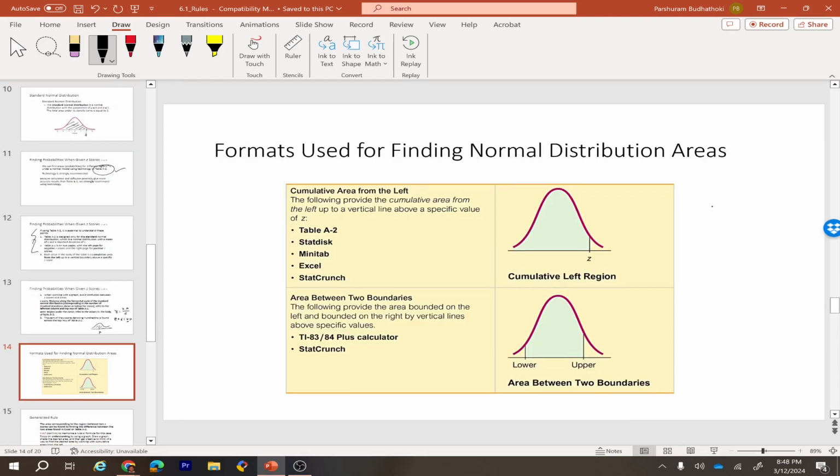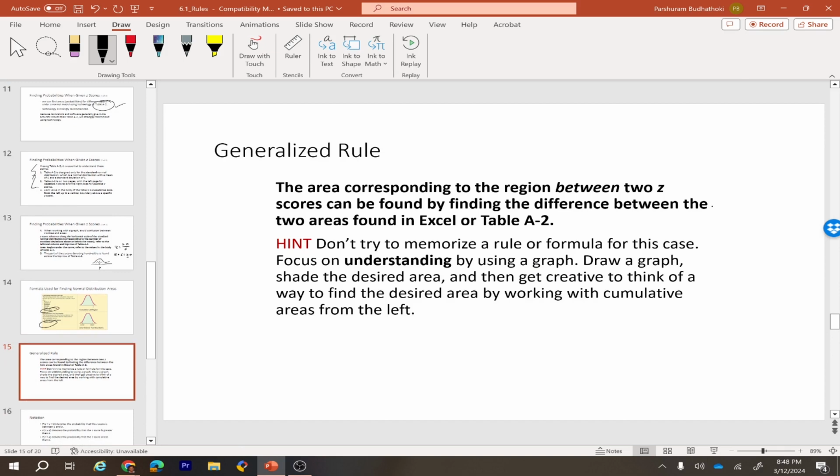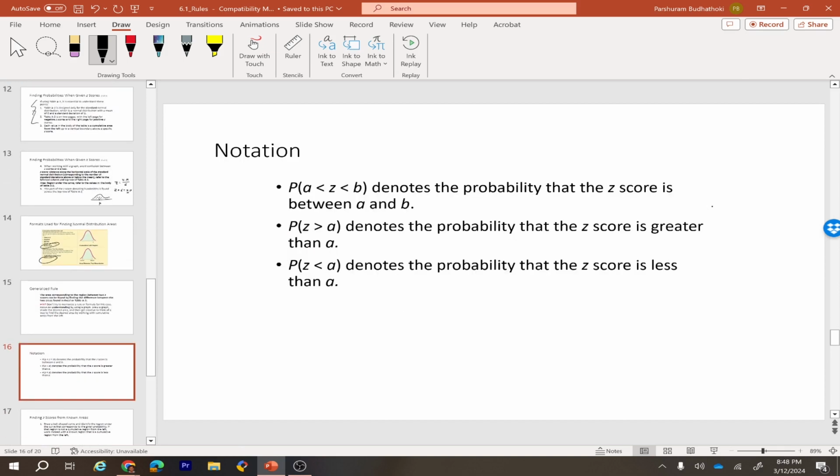As I mentioned earlier, there are different ways to find the z-score versus area, or area versus z-score. We are going to use StatCrunch. Let's look at some of the problems, but before that, let's understand the meaning of this notation.